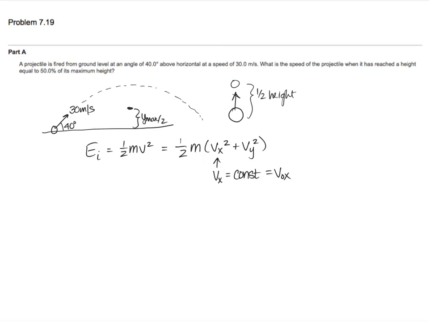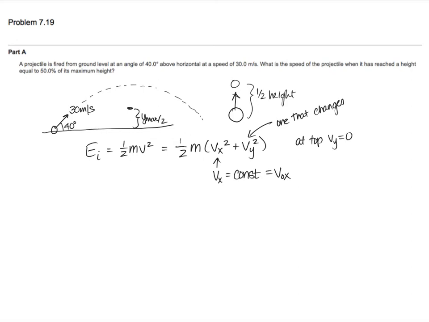That's what we learned back in chapter 3, I think. So the x component of the velocity remains constant. The y component is the one that changes. Because as the object goes higher and higher, the y velocity will go down. So at the top, vy is equal to 0.